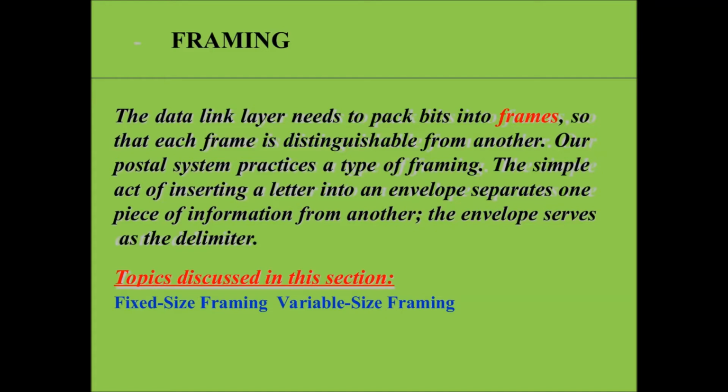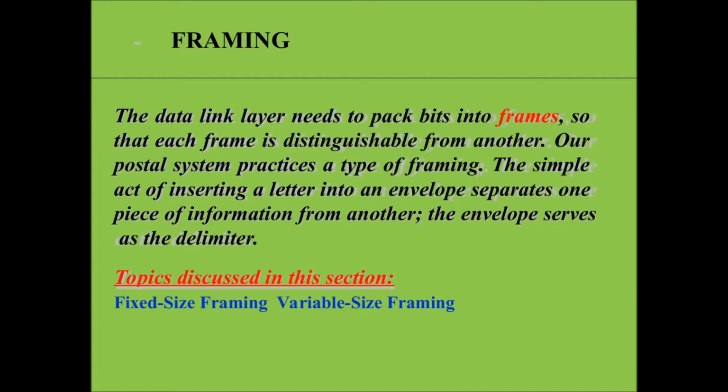So if I am going to send a specific file or any letter to any person, then my file or my letter will be kept in a separate envelope, and if any other person is sending a file or document, the file or document of this person will be kept in a separate envelope.